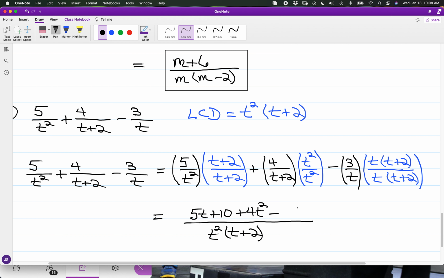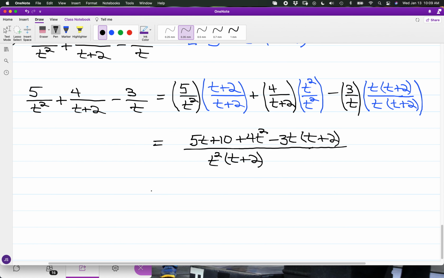And we have minus 3t. I'm just going to add a little step here, so we've got minus 3 times t. And again, you still have distributing over the quantity of t plus 2. And if you already see the distribution in advance, that's fine.